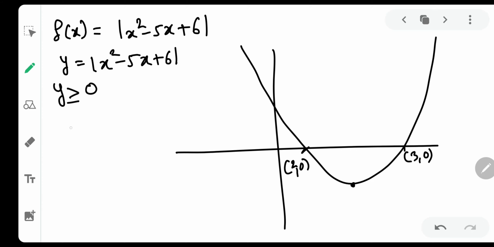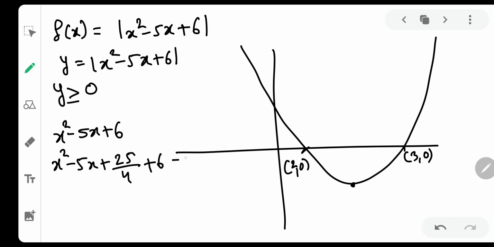Okay, there's one more thing which you know, that this peak point can be simply calculated by completing the square. So let us calculate that peak point for x² − 5x + 6. We will complete the square like this. Half into 5 is 5/2. (5/2)² is 25/4, so x² − 5x + 6 becomes (x − 5/2)² + 6 − 25/4. So this will be (x − 5/2)² + (24 − 25)/4, which is −1/4.